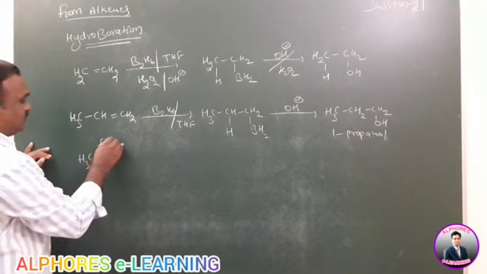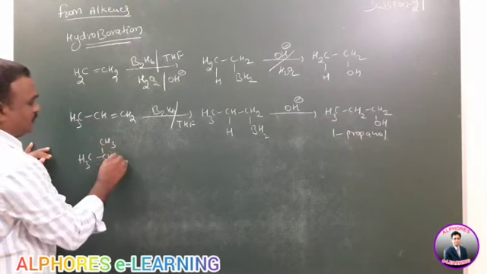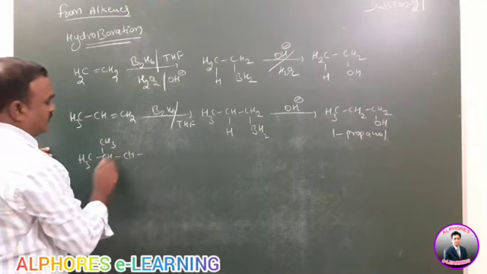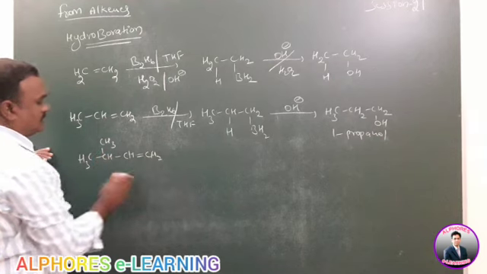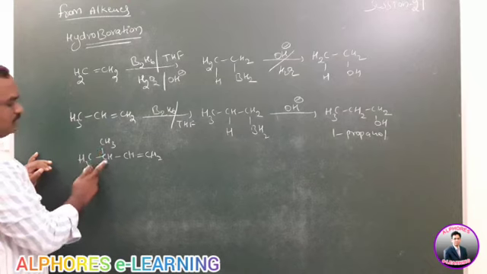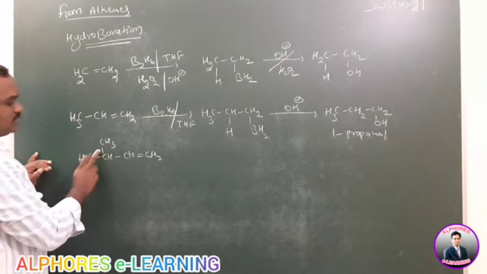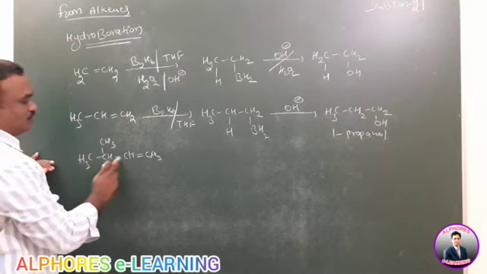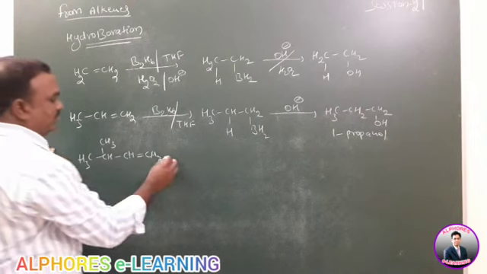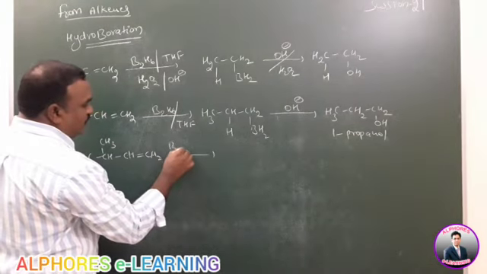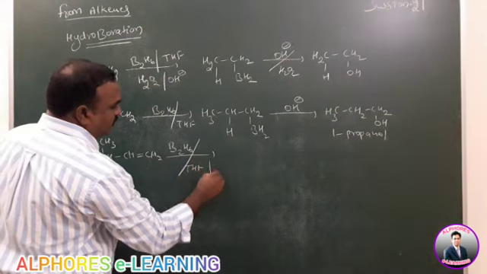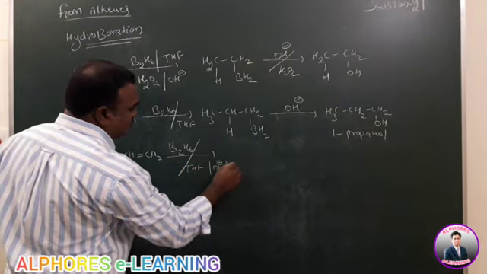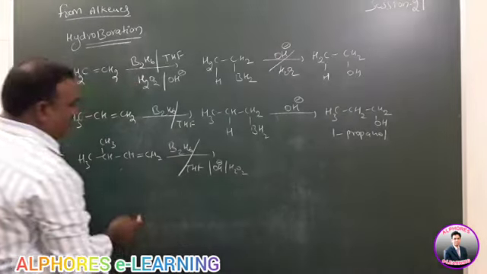For example, here a substituted compound is given, having tertiary, secondary and primary carbons. Tertiary has three carbon bonds, secondary has two carbon bonds, and then the primary. So B2H6 in tetrahydrofuran, then OH minus and H2O2 are given.